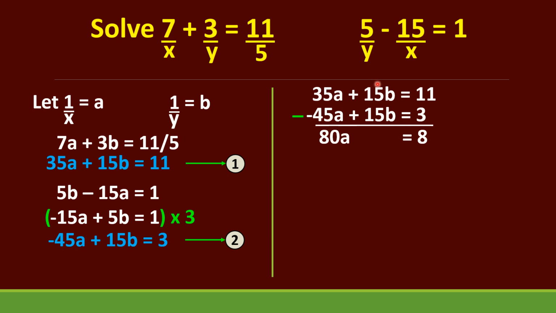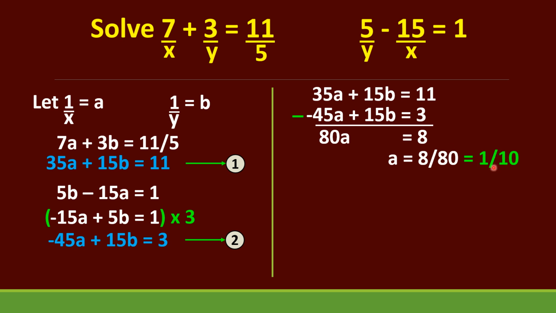And 15b minus 15b is 0. That is eliminated. Then 11 minus 3 becomes 8. So 80a = 8. So a is equal to 8 divided by 80, hence it is 1/10. So a is 1/10.